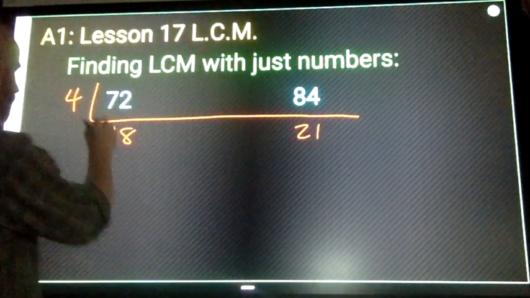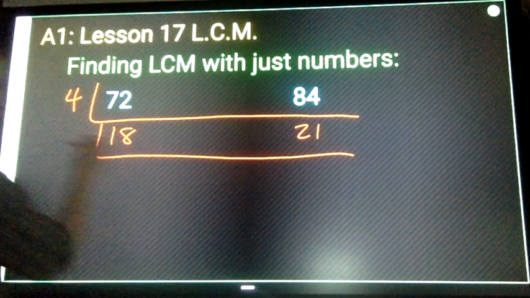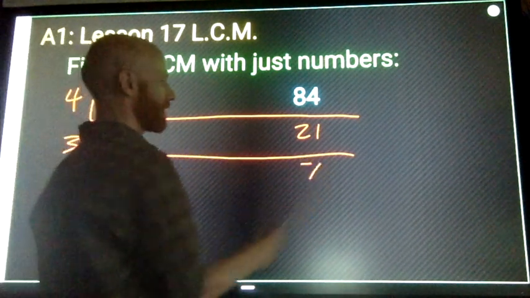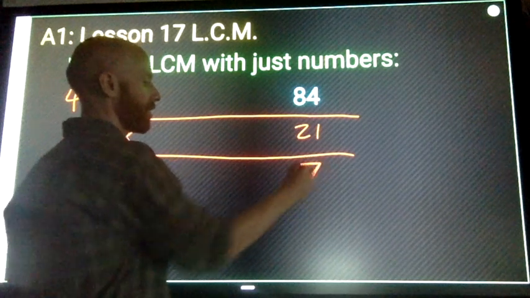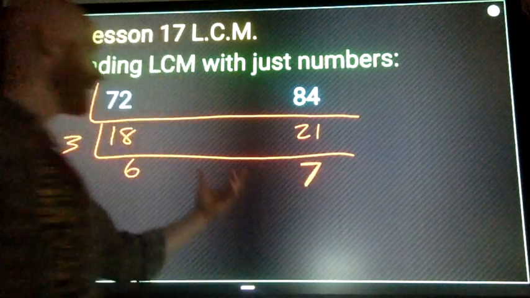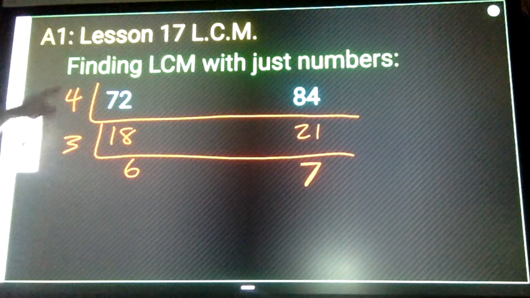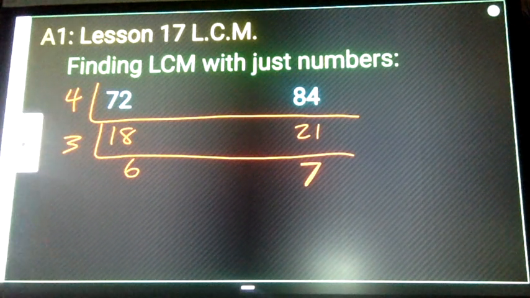I know 3 divides both of those. 3 goes into 18 6 times. It goes into 21 7 times. I know that no number other than 1 is going to evenly divide into 6 and 7. Right? So my GCF would be 12, 4 times 3.